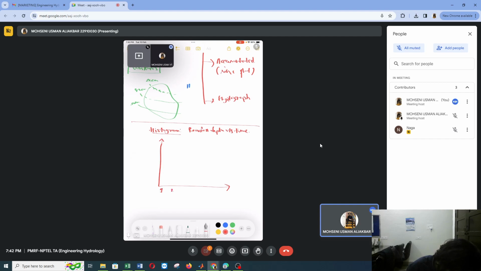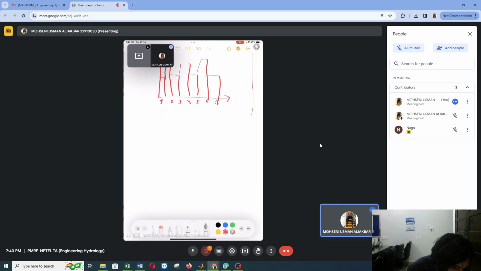So first day, second, third, fourth, fifth, sixth, and seventh. So this is a week data set of rainfall. So we'll have the rainfall value for each day, and that rainfall means we are measuring the depth of rainfall here. So it would be something like this. Depending upon the value for each day, we'll get a histogram. So the key thing to remember is, histogram will give us only the depth of rainfall over a particular time.